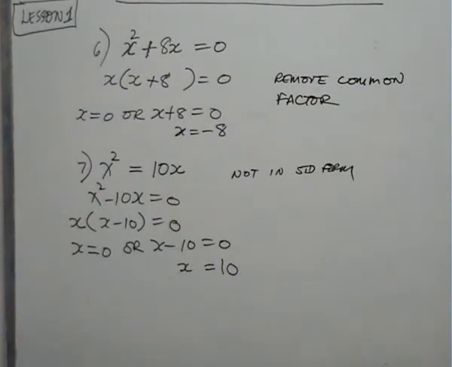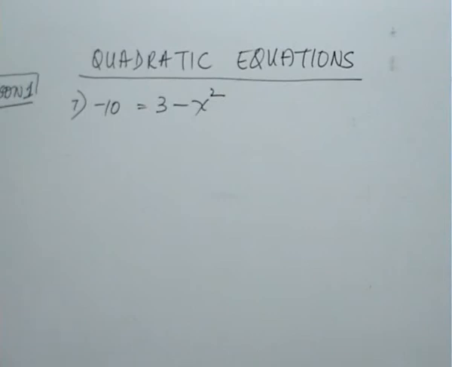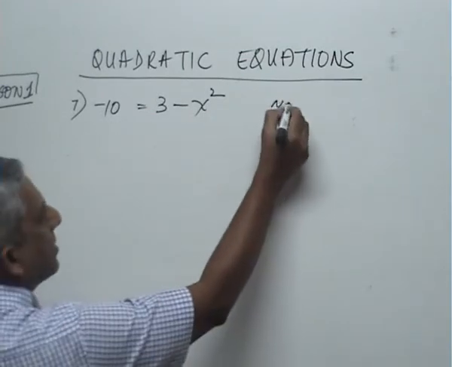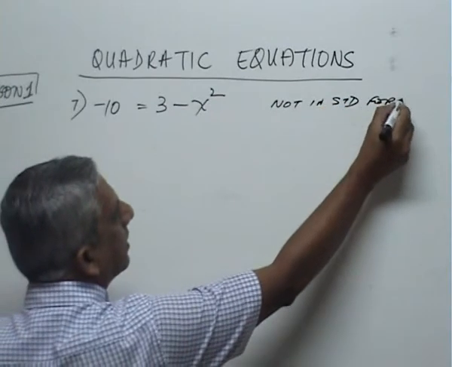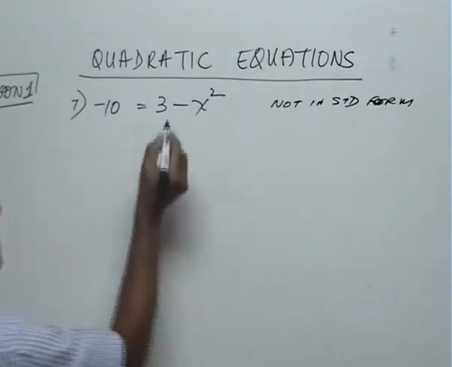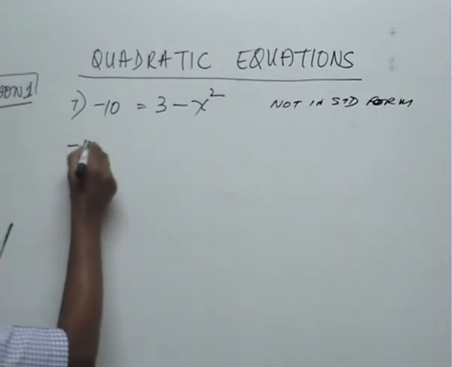Alright, we'll move on with one more example. Here we have number 7, minus 10 is equal to 3x minus x squared. Once again, it's not in standard form. So you have to bring it to standard form. So there's the minus 10.